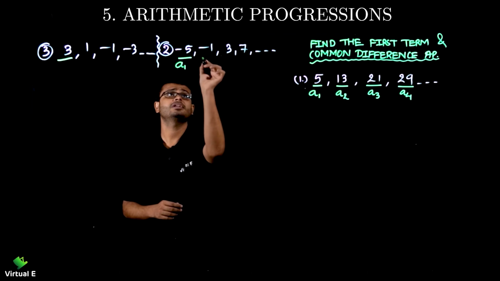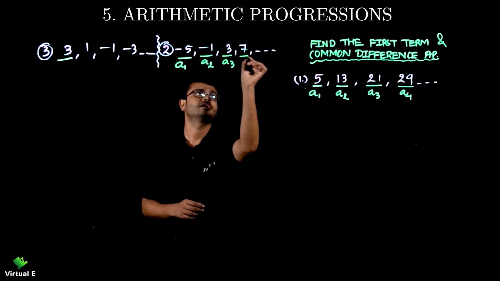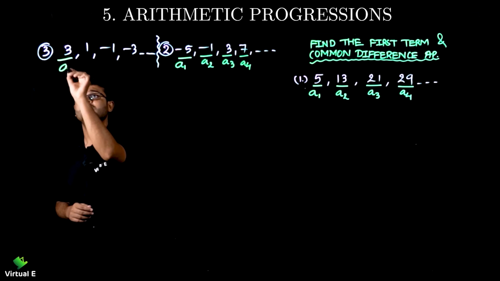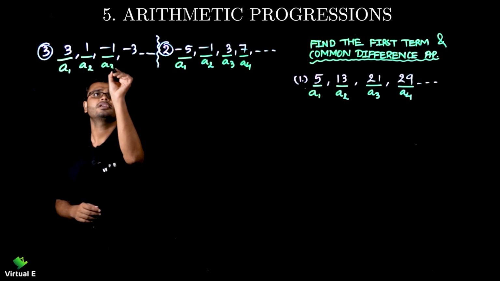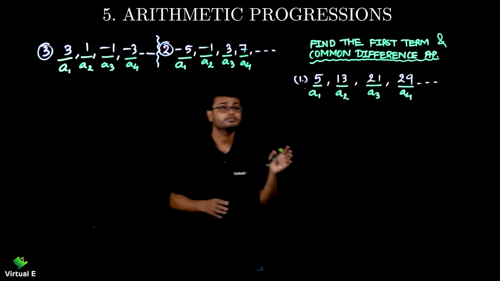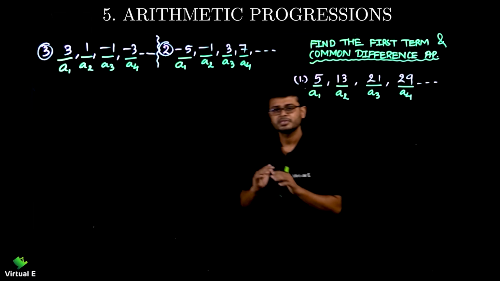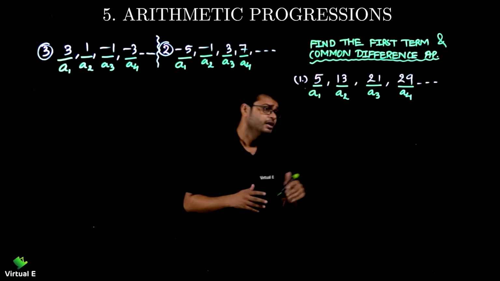This is a1, a2, a3, a4, and here as well, a1, a2, a3, and a4. Simple, because there are 4 terms, so there will be a1, a2, a3, and a4.